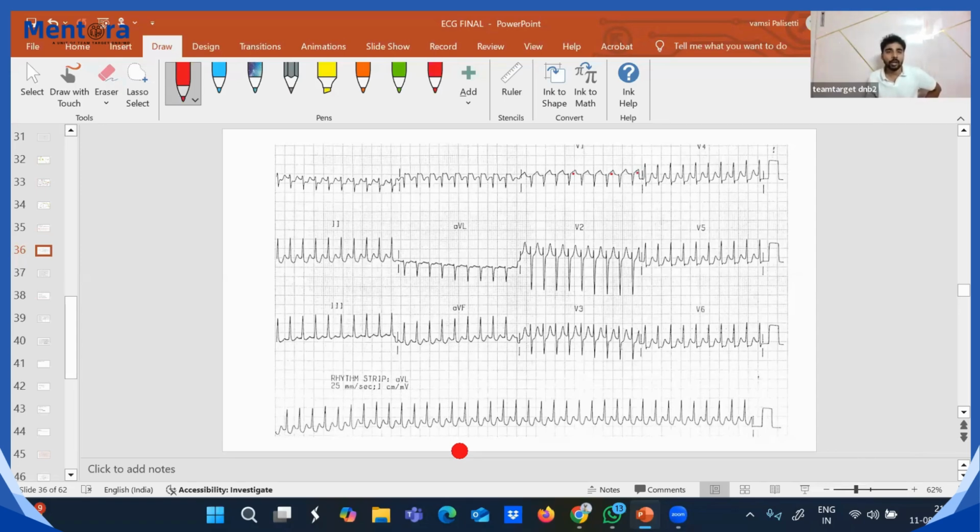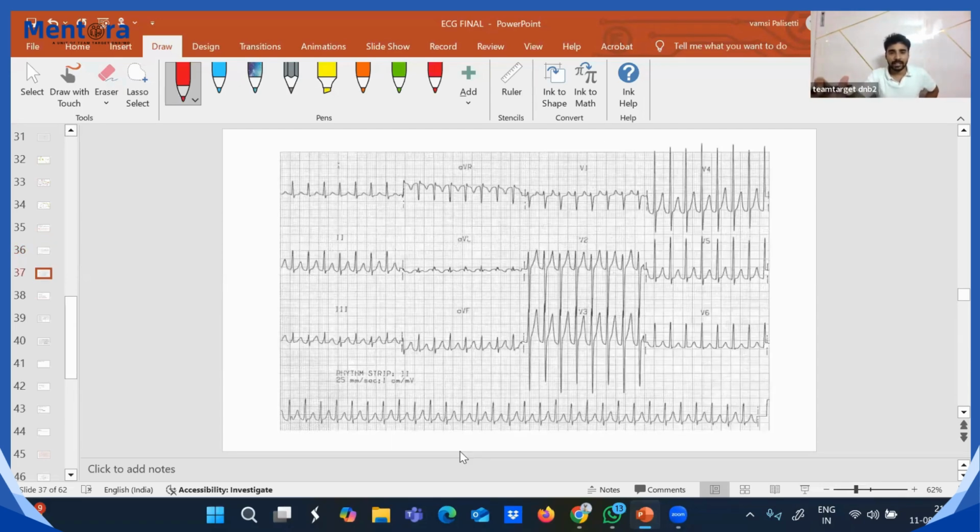In AVRT, whether it's orthodromic or antidromic, antidromic will have a wide complex that appears like a VT. Orthodromic will have a narrow complex, like AVNRT. Orthodromic AVRT: you will see the RP interval a little prolonged. This is simple.